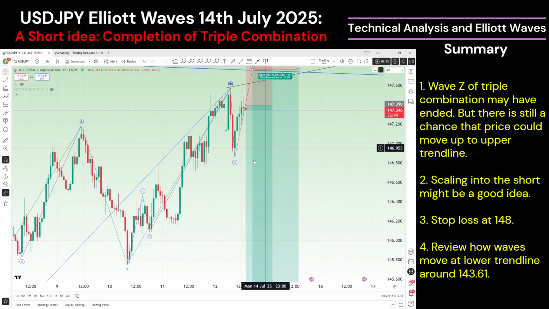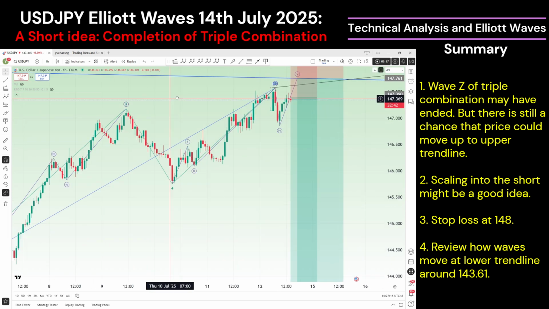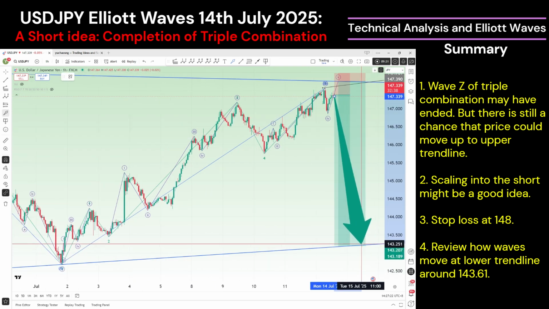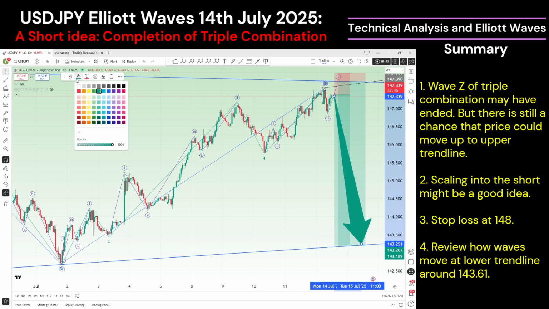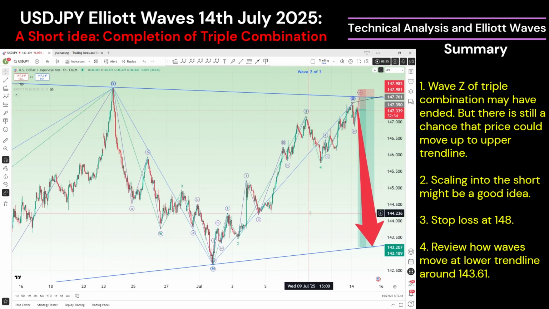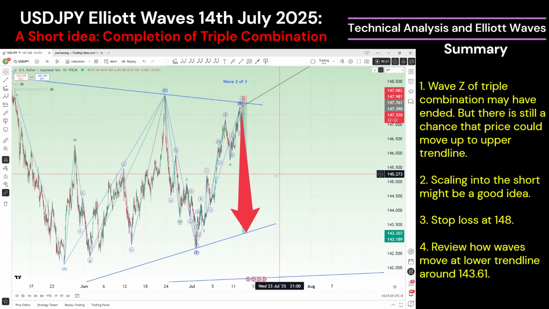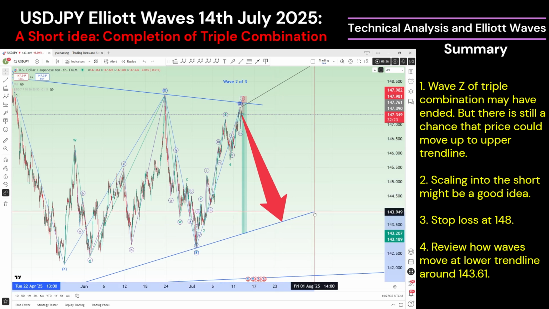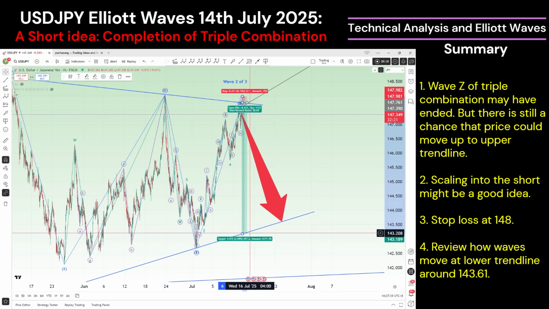So that's it for this. And let me just put in this arrow with a red color for short. Of course, I don't expect it to move in this way. It's probably something like this. So let me extend this and extend this.